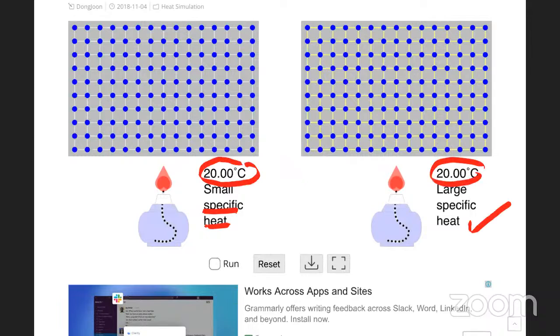One has a large heat capacity and one has a small heat capacity. Which one do you think will heat up faster, the one to the left or the one to the right, the one with the small specific heat capacity or the large heat capacity?